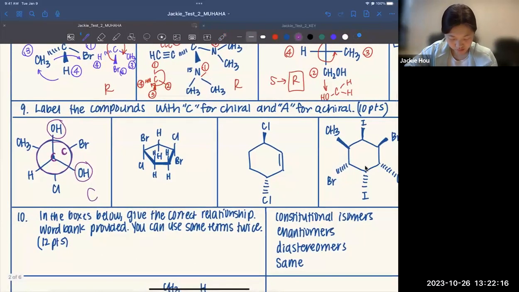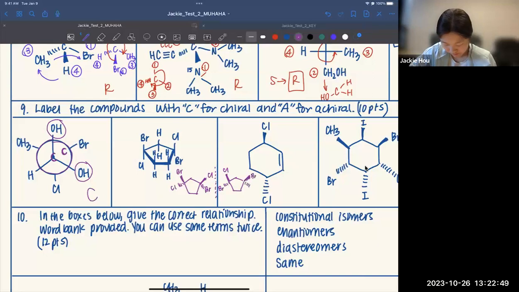Okay, and then for this one, we always want to draw it first as a planar cyclopentane in this case. And then we do the mirror and then swap method, and then we do a pancake flip.